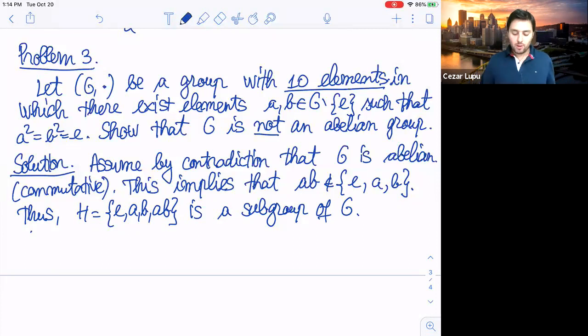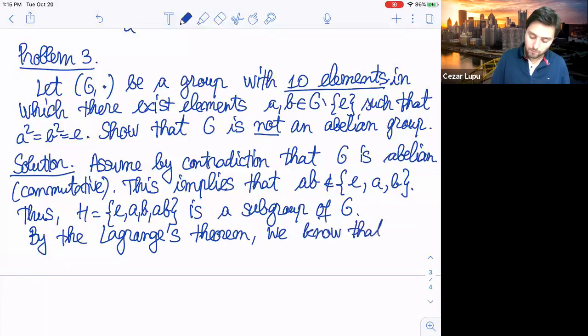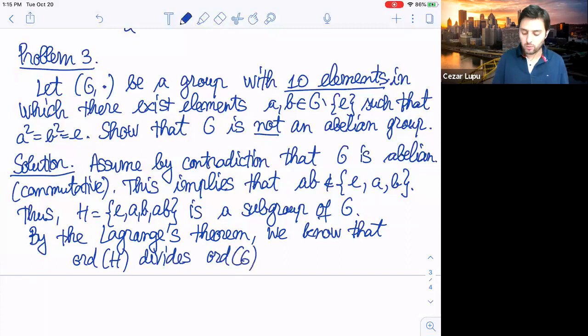Okay. So by Lagrange's theorem, what do we know? We know that the order of H divides, let me write in words, the order of the group. So this will be equivalent with what?